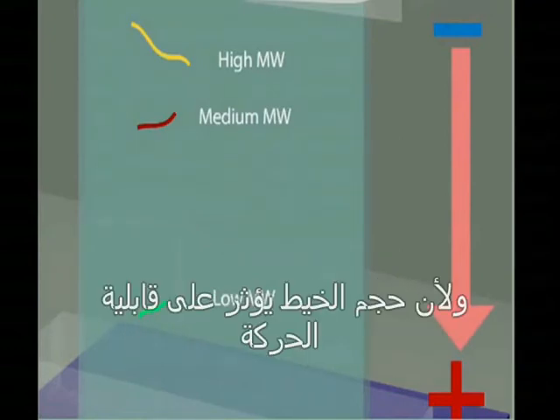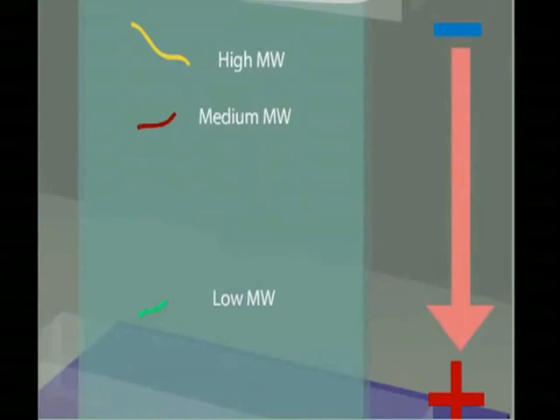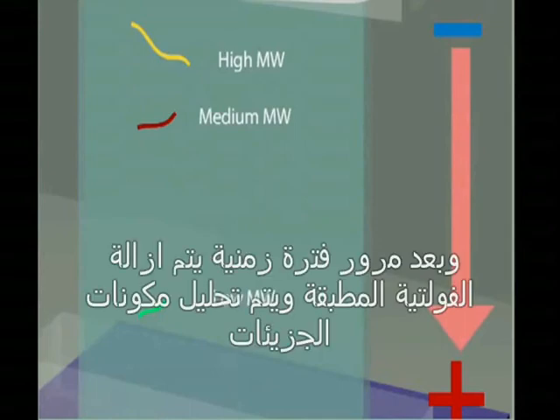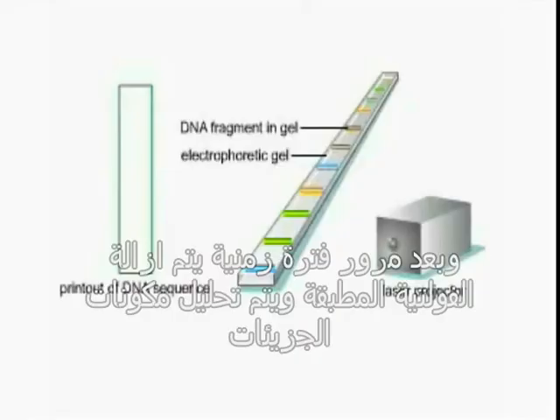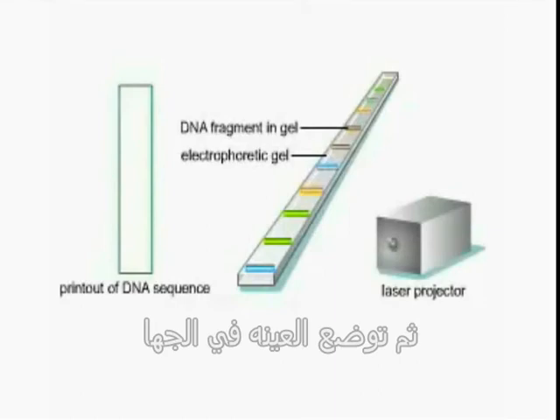Because the size of the molecule affects its mobility, smaller fragments end up nearer to the anode than longer ones in a given period. After some time, the voltage is removed and the fragmentation gradient is analyzed. Then, the sample is put to the sequencer.